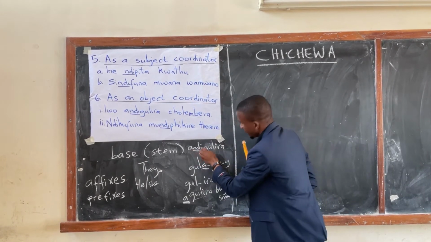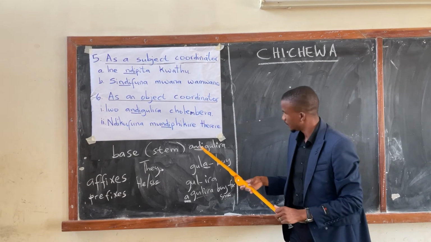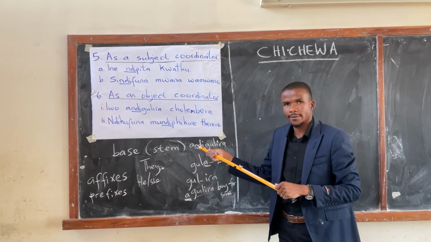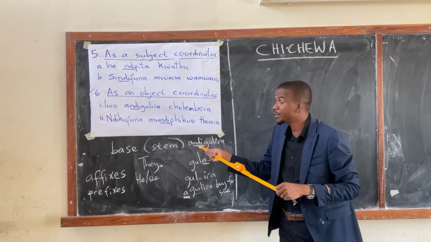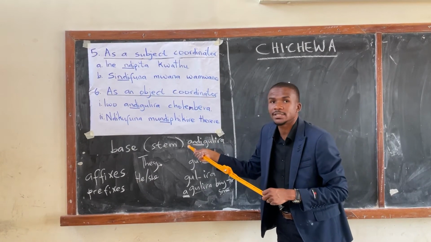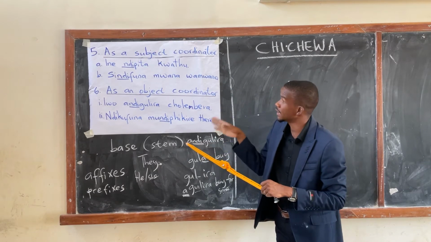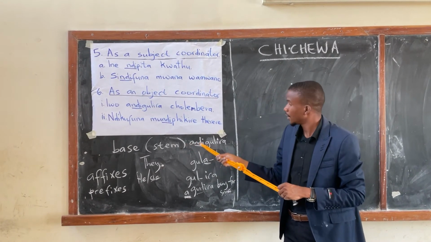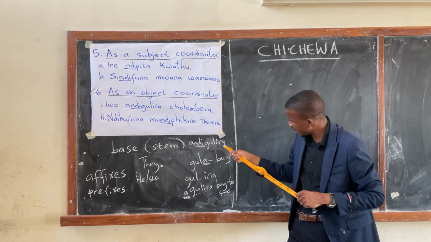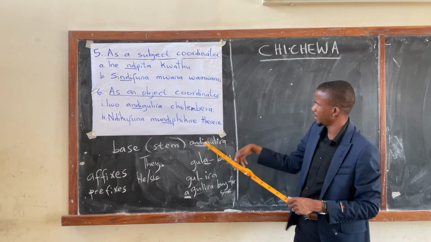You put in this one andi. So it's like for me. It no longer becomes the subject because the subject coordinator is already there, which is a. Because we have the subject being iwo. But now, ndi in this case is showing that this action of buying has been performed on me.